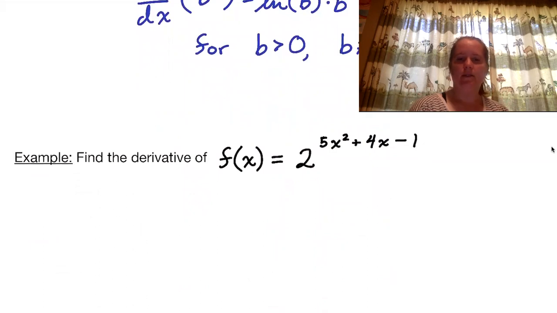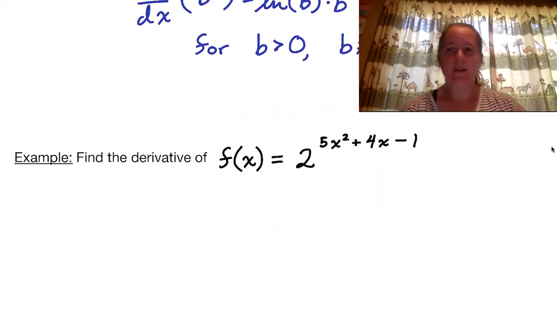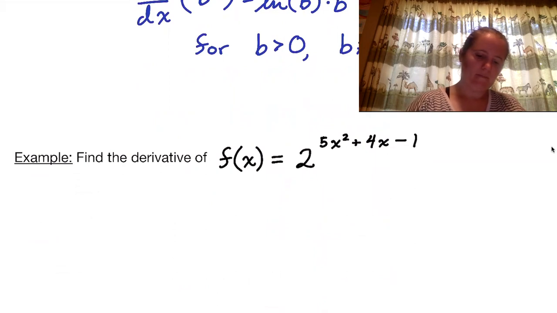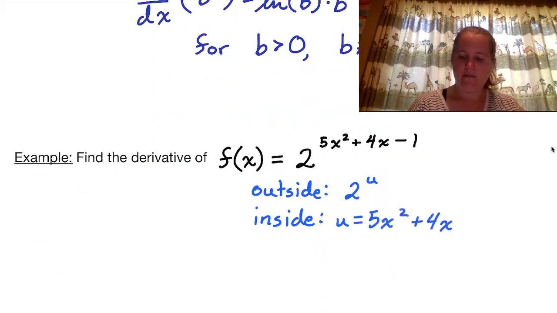So if we want to find the derivative of f of x equals 2 to the 5x squared plus 4x minus 1, we can recognize this as a composition. We have an outside function of 2 to the u, we'll say, and an inside function of u equals 5x squared plus 4x minus 1.